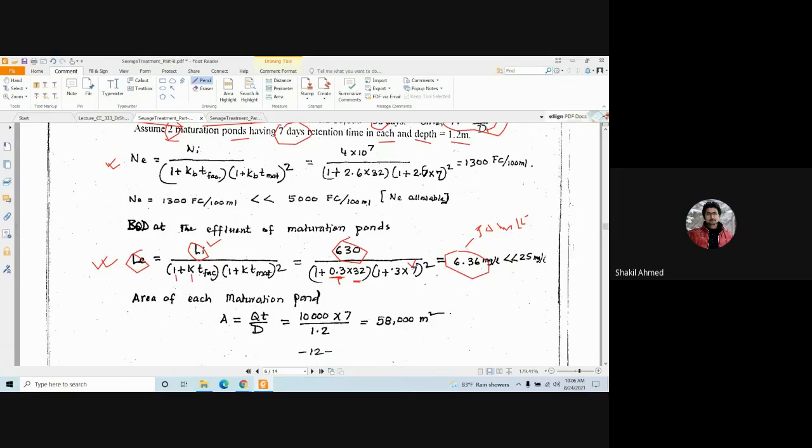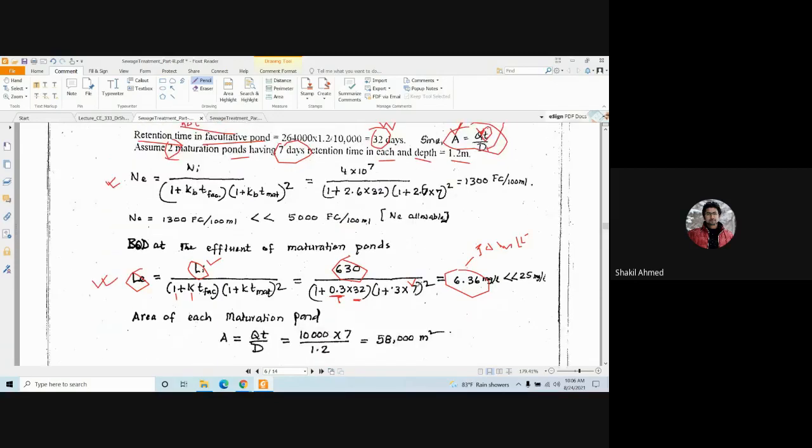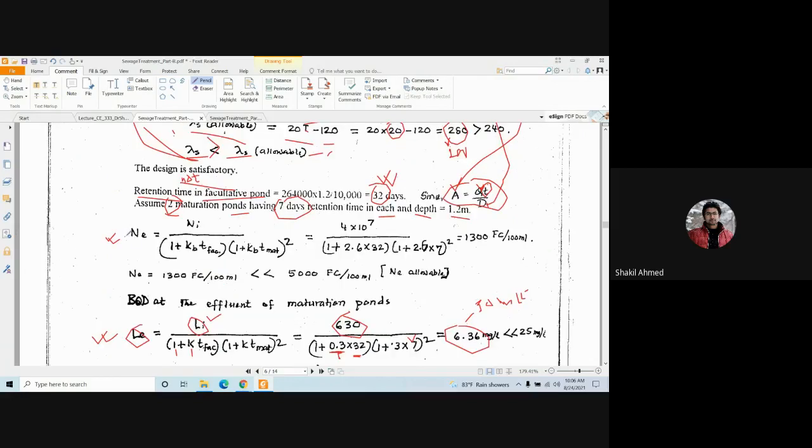Okay, clear? Yes, sir. Adding a new pond is costly, so you could increase the retention time by 1 day.